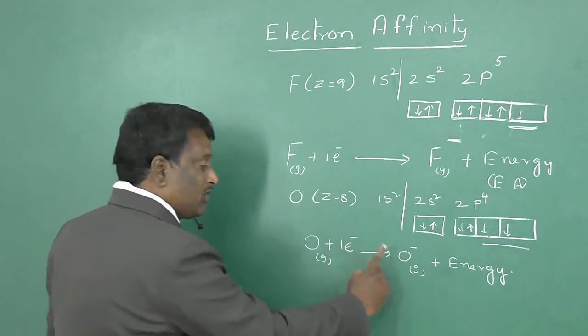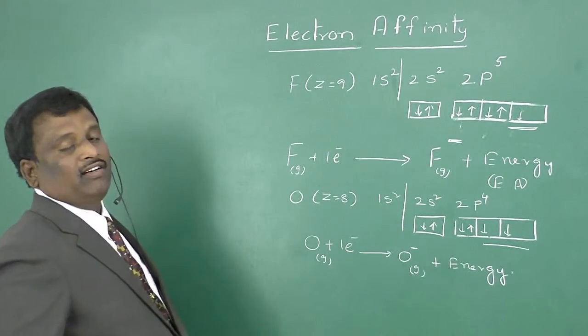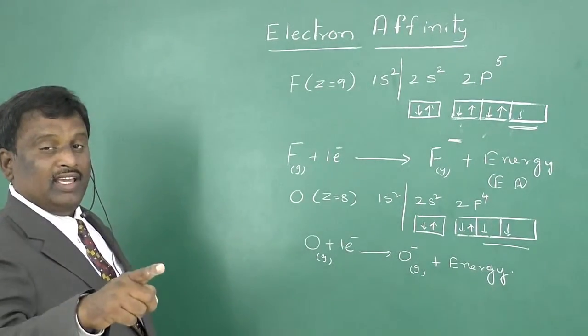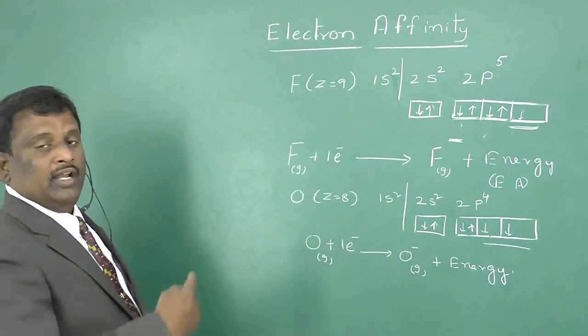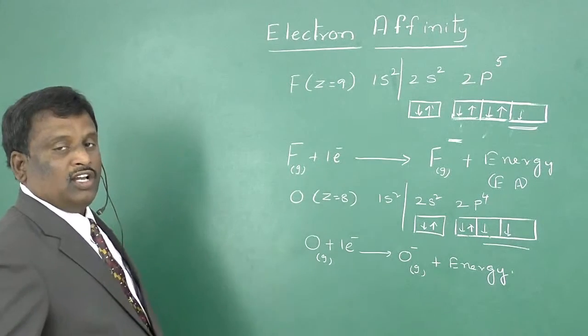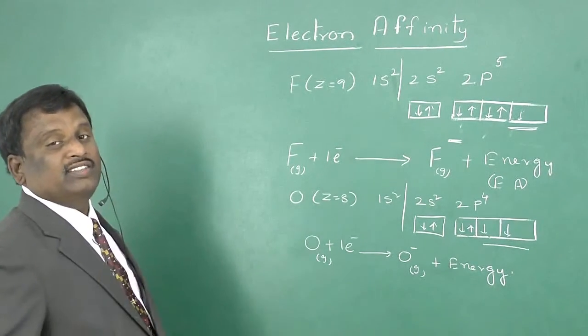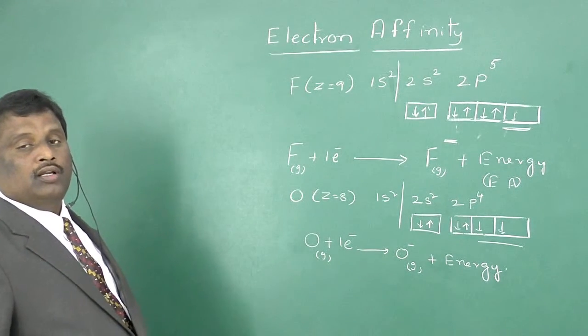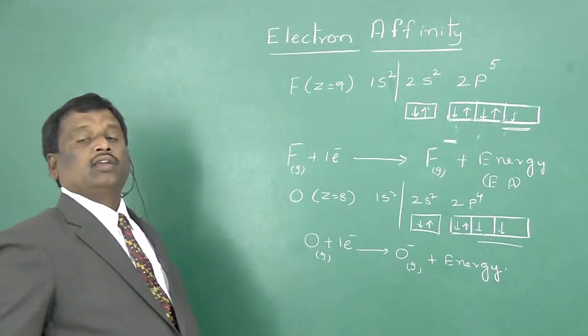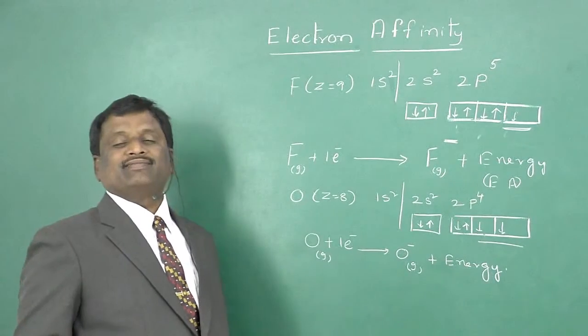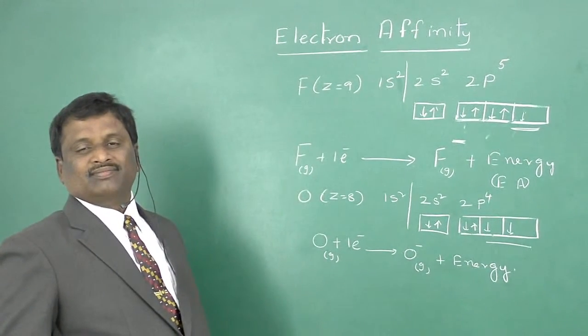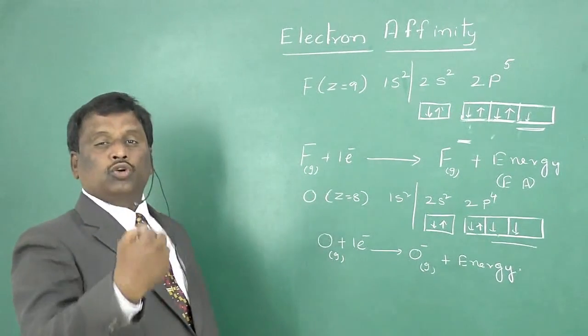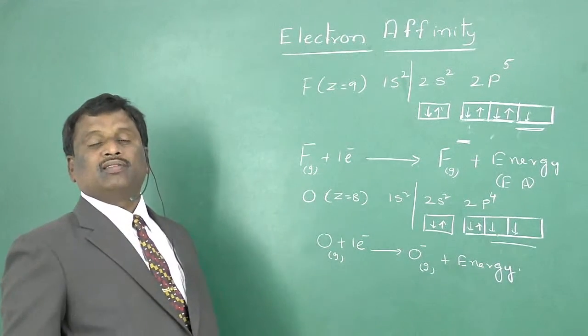Now, this uninegative oxide ion has a tendency to gain another electron also, because it did not get neon's configuration. The ion has a tendency to attract one more electron, but here the nuclear charge is very less. It cannot hold another electron.